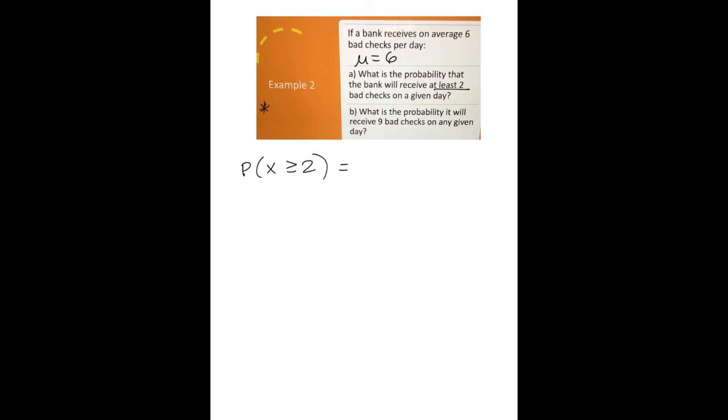And therefore, we need to use the complement rule. When we're looking for the probability of a value being greater than something, we have to use the complement rule. So we'd do the probability that x is less than 2, because this is obviously the opposite of x being greater than or equal to 2. So we'd need 1 minus the probability that x is 0 plus the probability that x is 1.